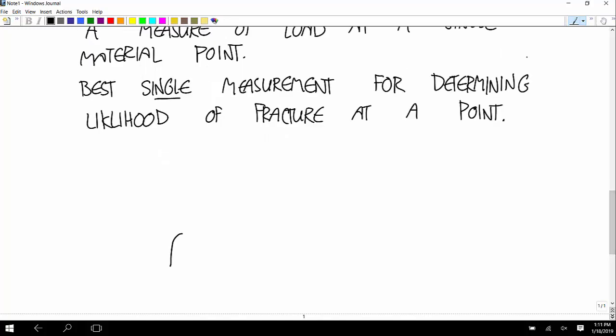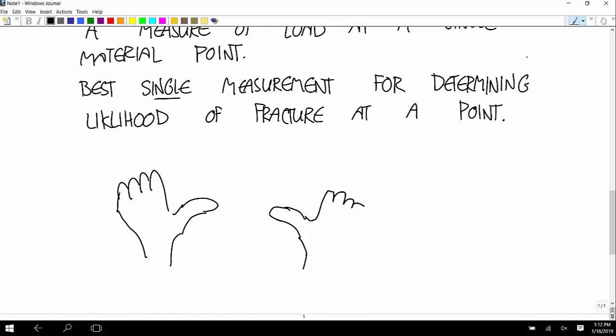I mostly just do this because I'm good at drawing thumbs and stuff this way. But okay, so if you're holding a pencil, and you're going to do that until it breaks, okay?